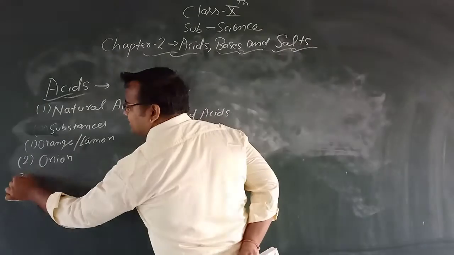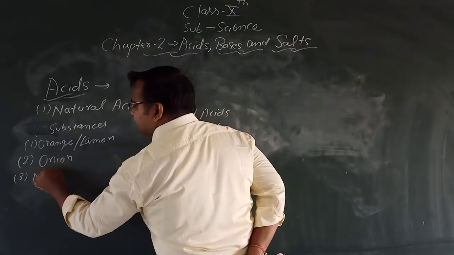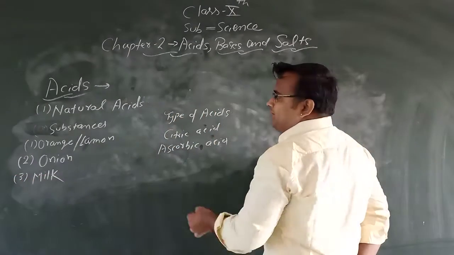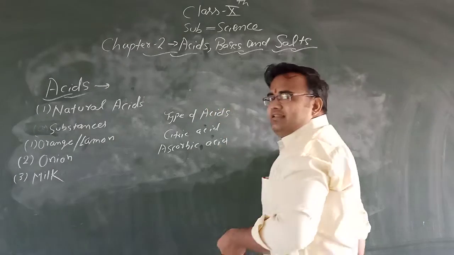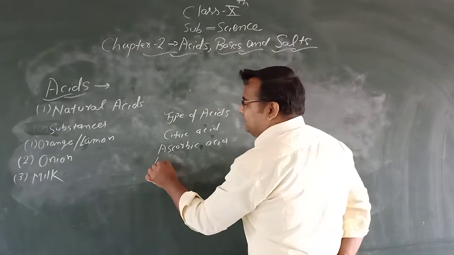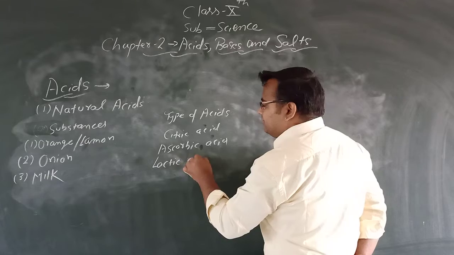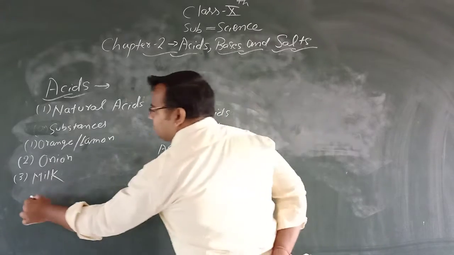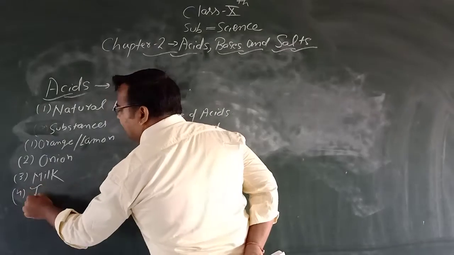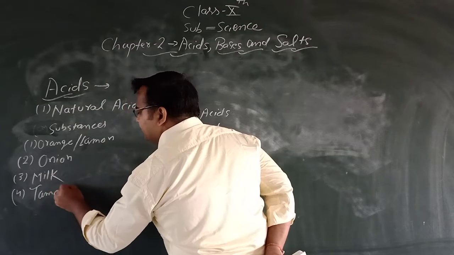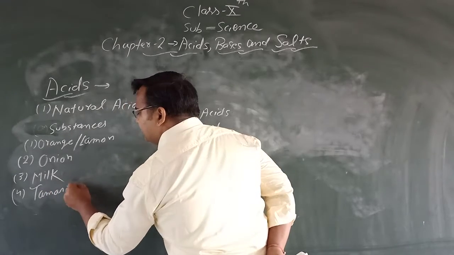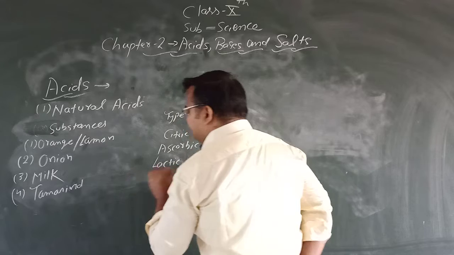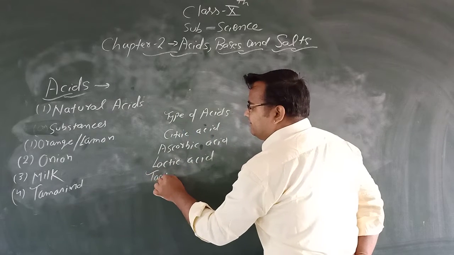Third, in milk, the acid found is lactic acid. Fourth, in tamarind, the type of acid is tartaric acid.